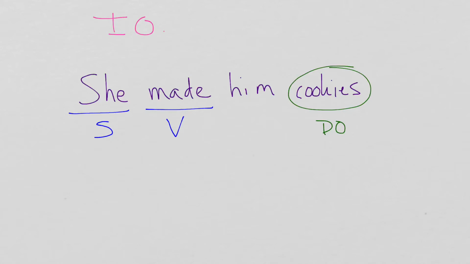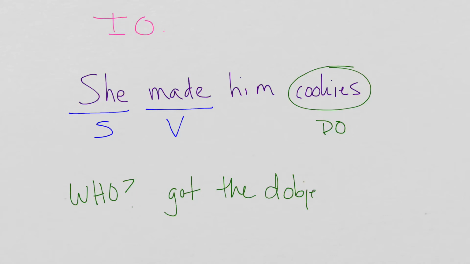And then for the indirect object, I'm going to ask who instead of what. In this case, I'm going to say, who got the direct object? If I can answer that question, I know that I have an indirect object. Him. He got the cookies, which means that our indirect object is him.